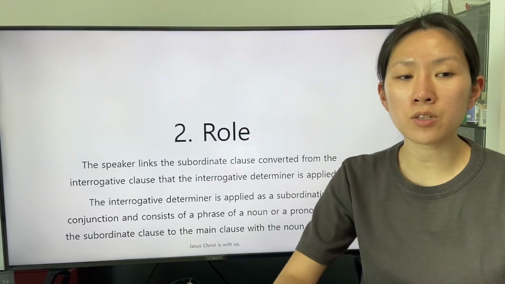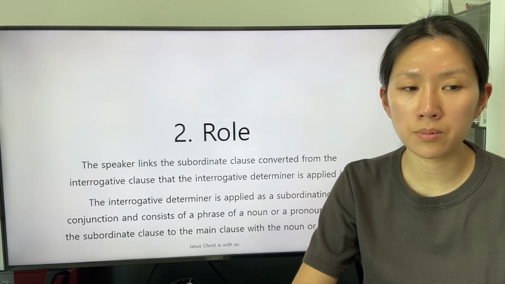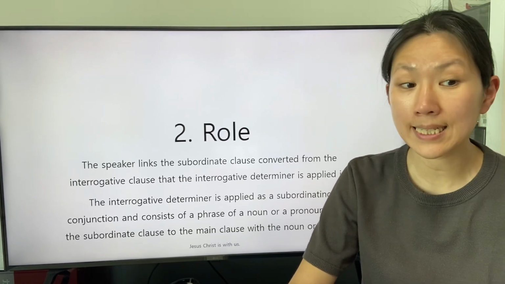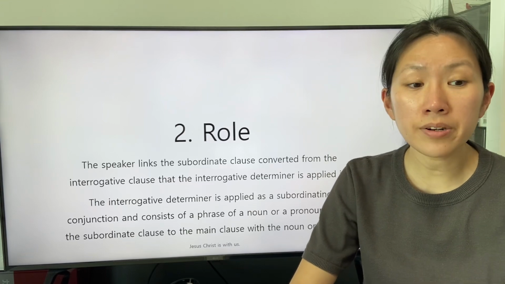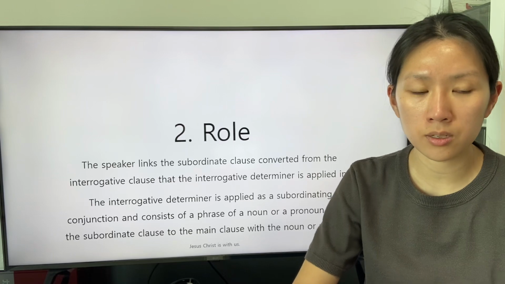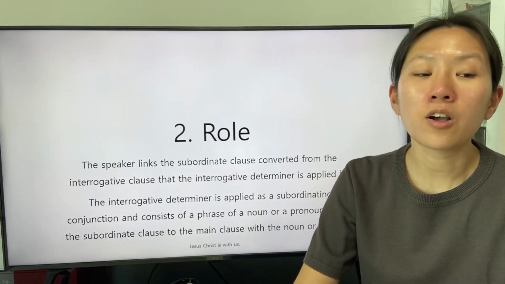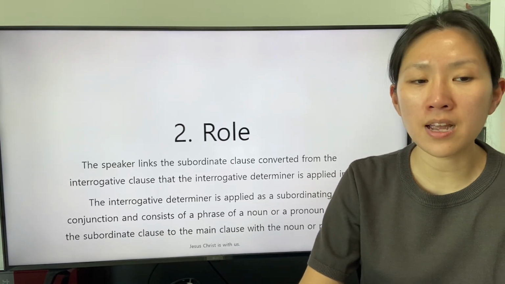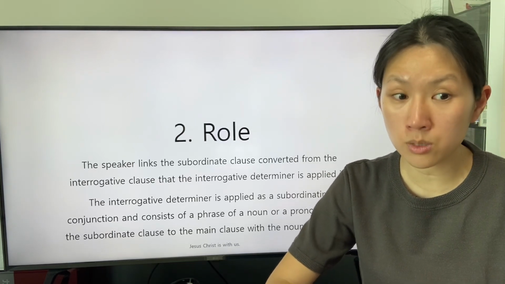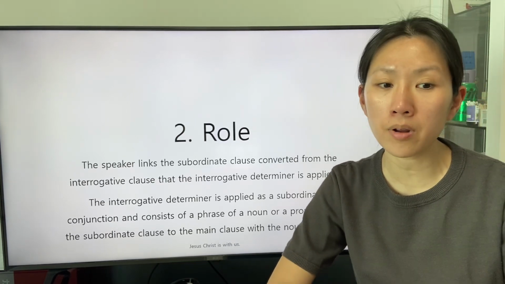The speaker links the subordinate clause converted from the interrogative clause that the interrogative determiner is applied in. The interrogative determiner is applied as a subordinating conjunction and consists of a phrase of a noun or a pronoun to link the subordinate clause to the main clause with the noun or pronoun.